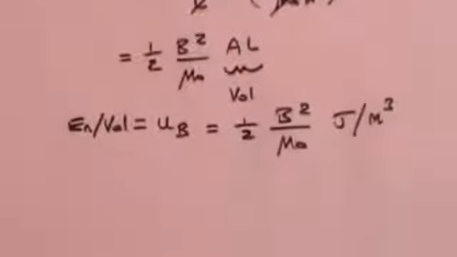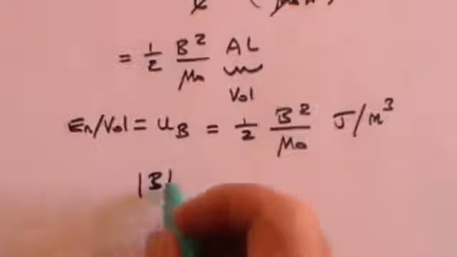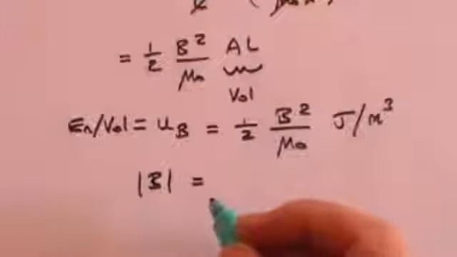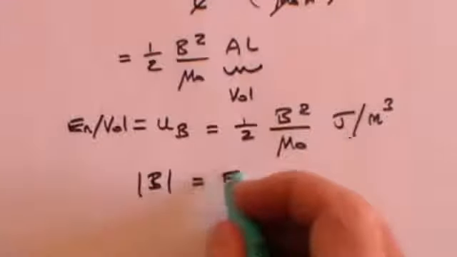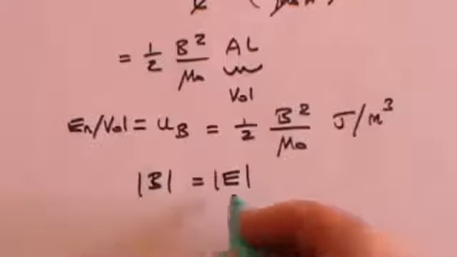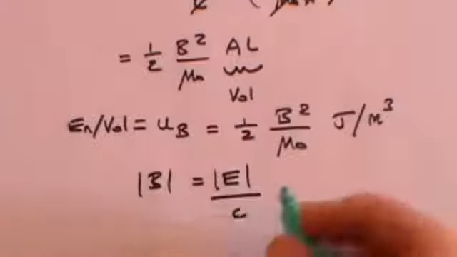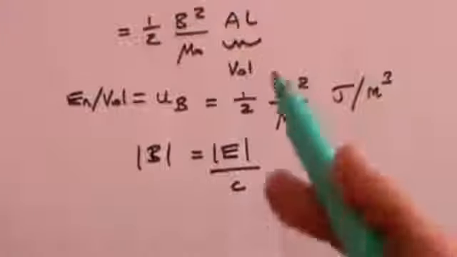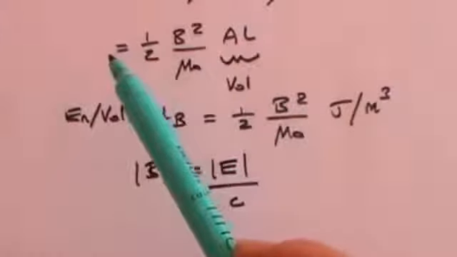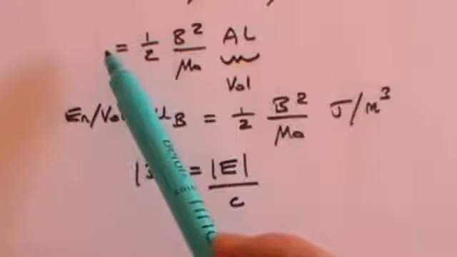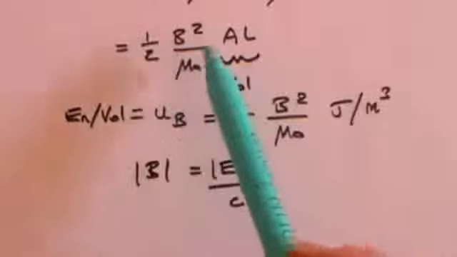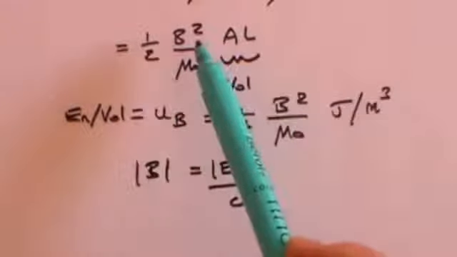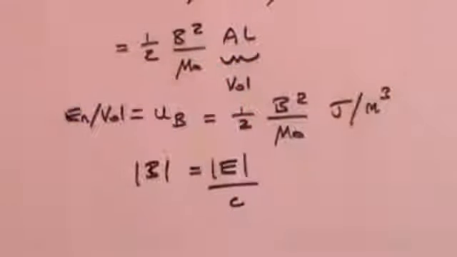Now, from the first video we did in this series, What is Light, we established that the magnitude of the magnetic field in electromagnetic radiation is equal to the magnitude of the electric field divided by c, the velocity of light. So now we can take the term we just established for the energy in the magnetic field, a half B squared over mu naught, and for B we can now write E over c.